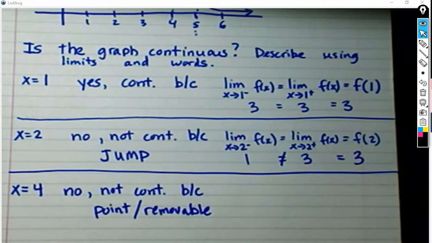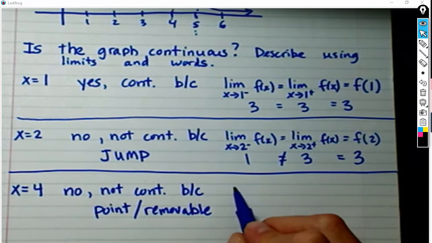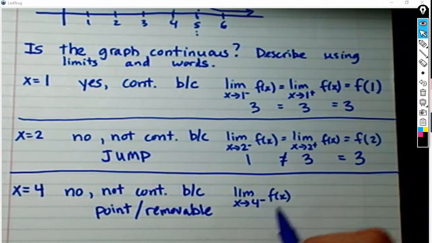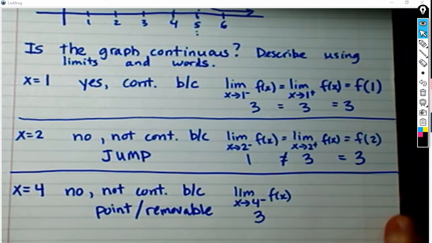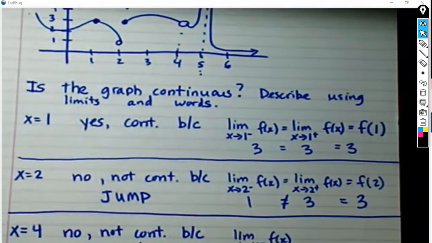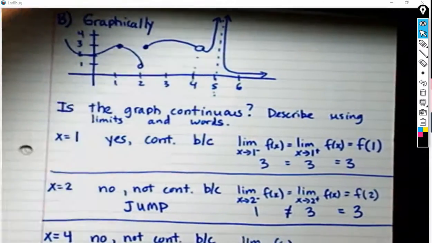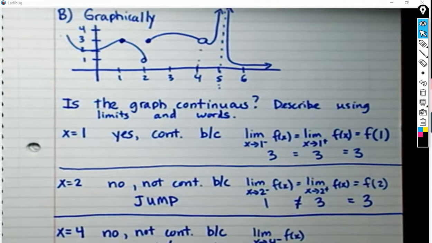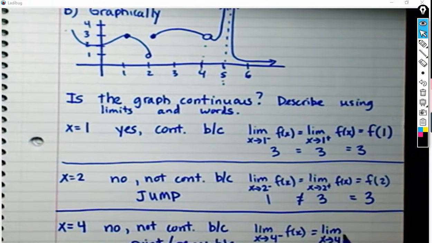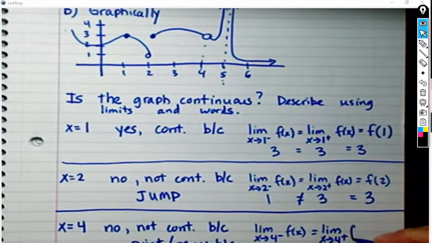Okay, limit statements. Aaron, what is the limit as x approaches 4 from the left? It's 3. Yeah. Okay. Here, see if we can see a little bit of the picture at the same time. So the limit as x approaches 4 from the right.